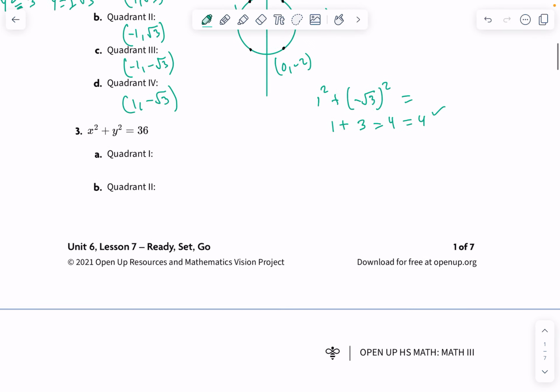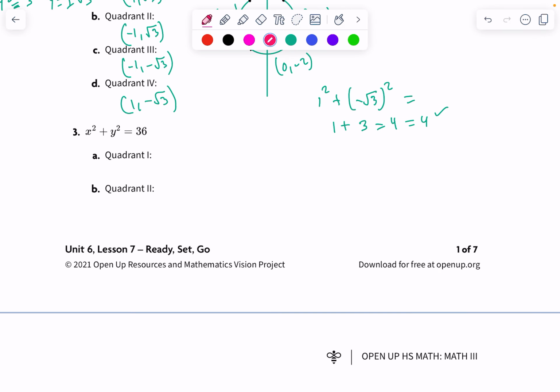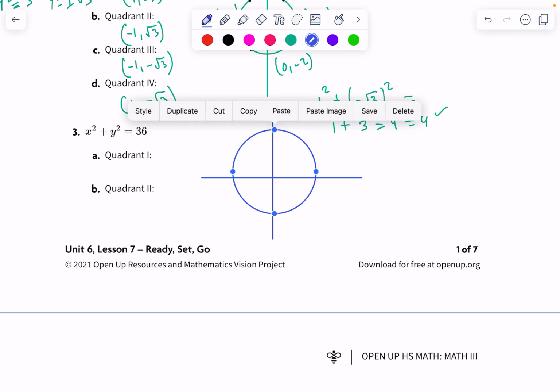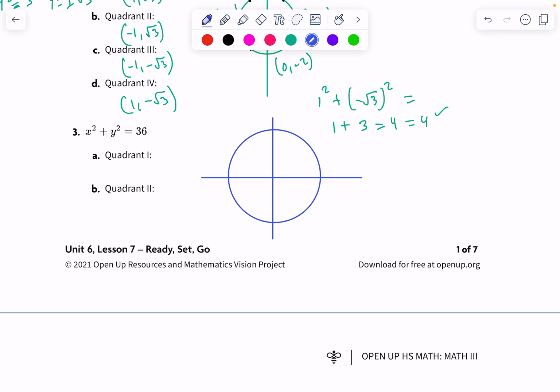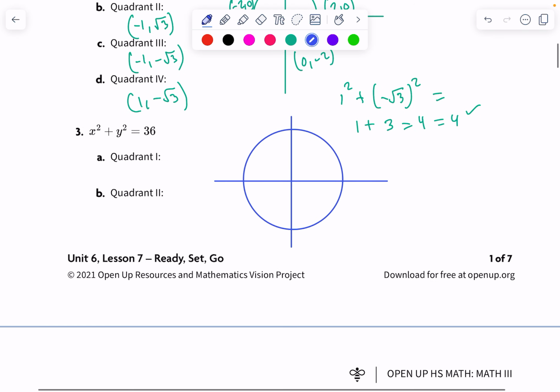Okay, for 3, I can draw another circle, another coordinate plane, with a radius of 6. Make it bigger, right? So again, it doesn't matter what points you pick.